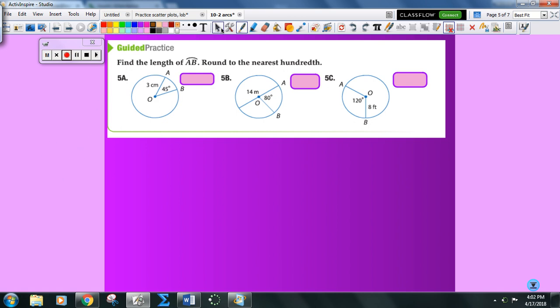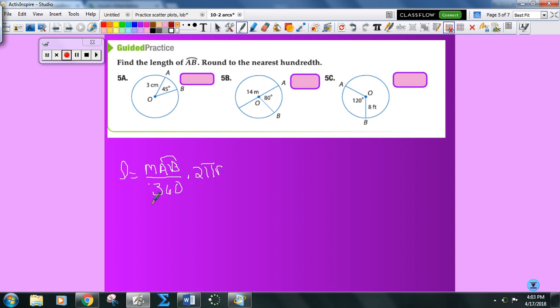So welcome back. In this one, I'm looking for the length of the arc. So again, L equals the measure of the arc over 360 times the circumference.